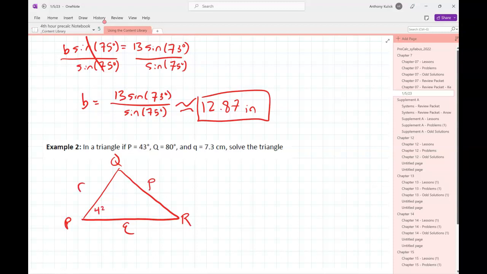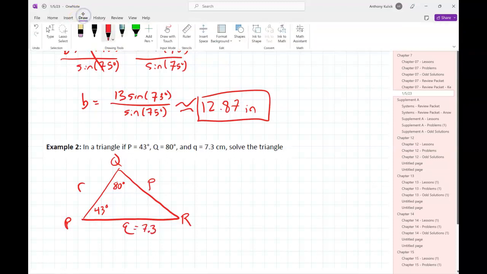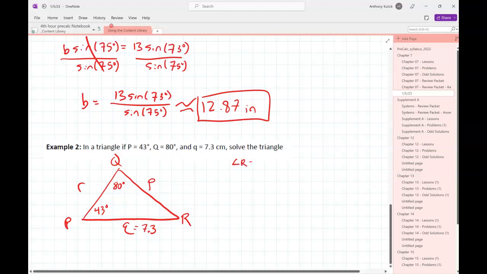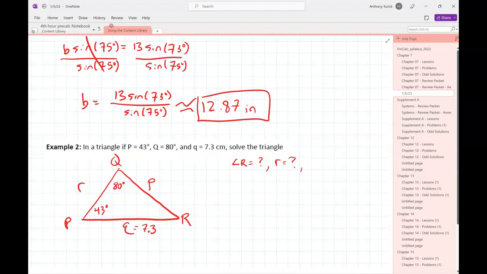Let's see, P is 43 degrees, Q is 80 degrees, and then side Q is 7.3. So what do I have left to find? I have to find angle R, side R, and side P. Everybody cool with that?